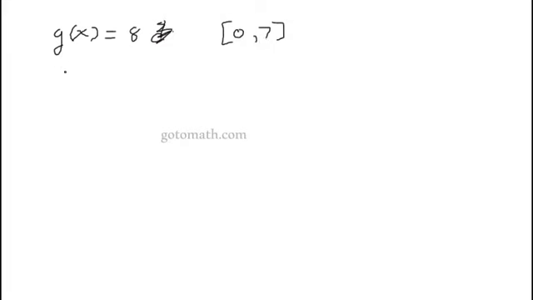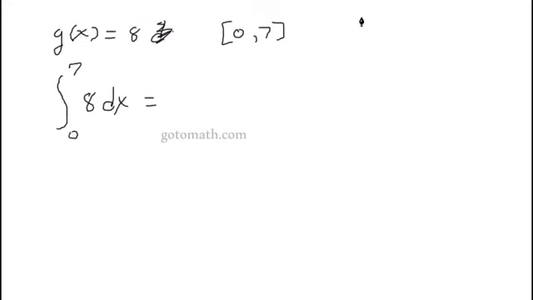Okay, so let's go ahead and find the integral. So we're going to do 0 to 7, put our g of x in here, which is 8 dx, and go ahead now and evaluate this.